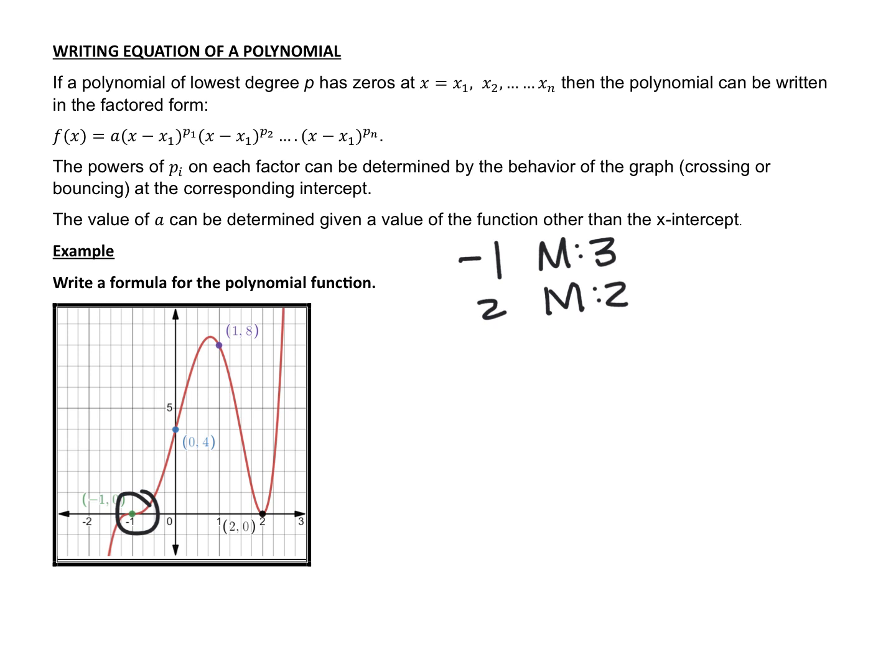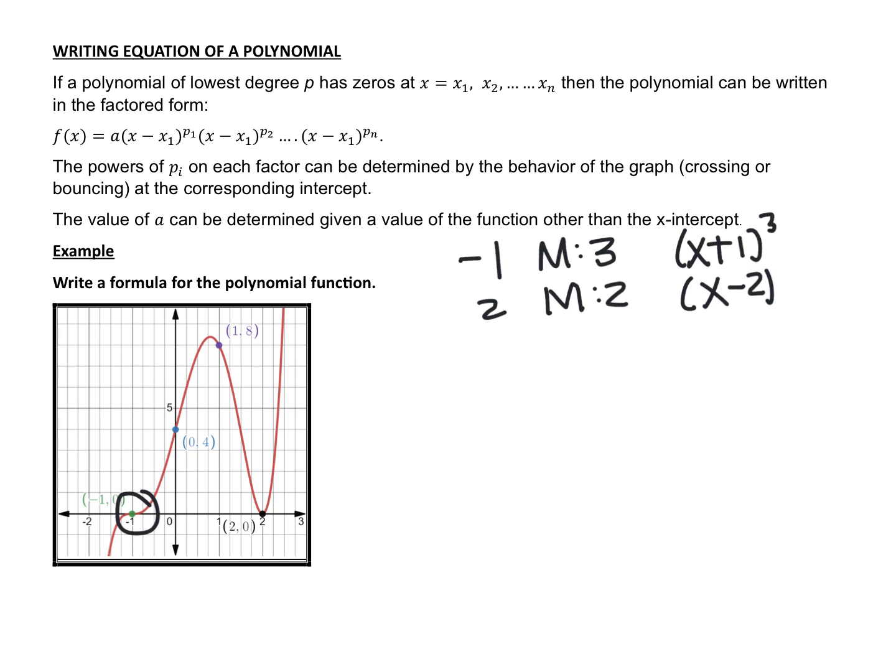So what factor goes with this one? To write the factor, it's just going to be x, and I flip the sign, so it's going to be x + 1. And this is going to be x - 2. Don't forget the multiplicities.